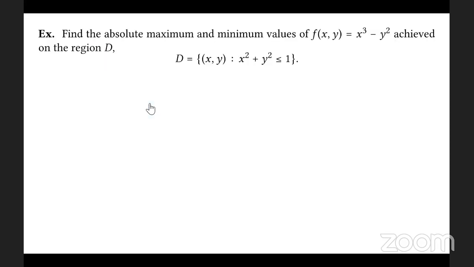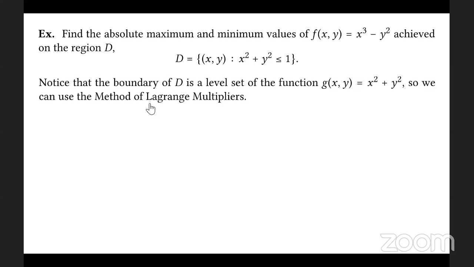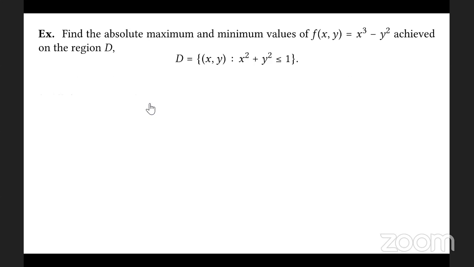Okay, so let's look at an example. Find the absolute max and min values of x cubed minus y squared, achieved on that region. First of all, before we decide that we're going to use Lagrange multipliers, notice that you could isolate the y squared. If you isolated the y squared, you get y squared is less than or equal to 1 minus x squared.